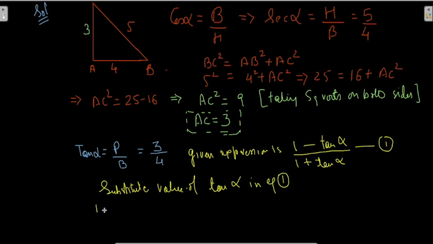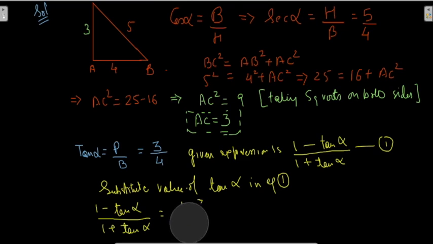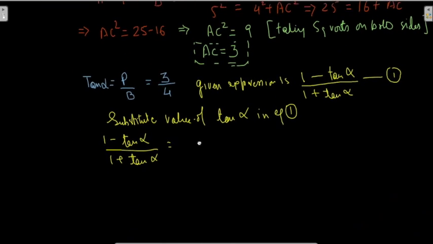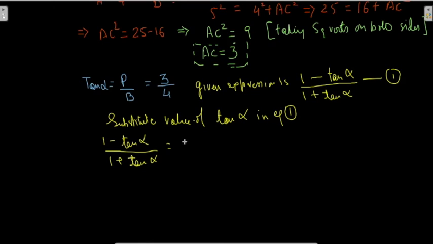So 1 minus tangent alpha over 1 plus tangent alpha becomes equal to 1 minus 3 by 4 in the numerator, and the denominator is, let's create some space here, 1 plus 3 by 4. It's pretty easy to solve from here.